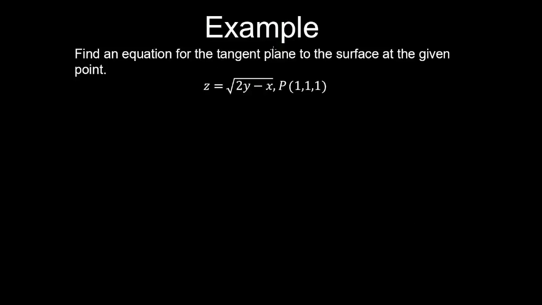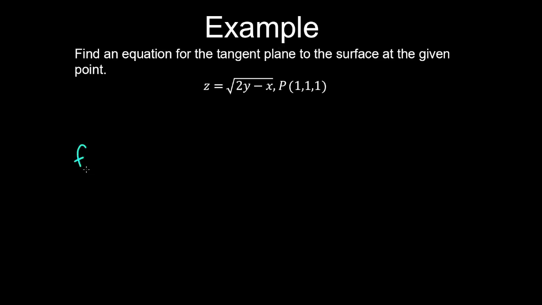Find an equation for the tangent plane to the surface described by the following function at the given point. So in this case, this is not a level surface, so we can apply the following equation to obtain a tangent plane.